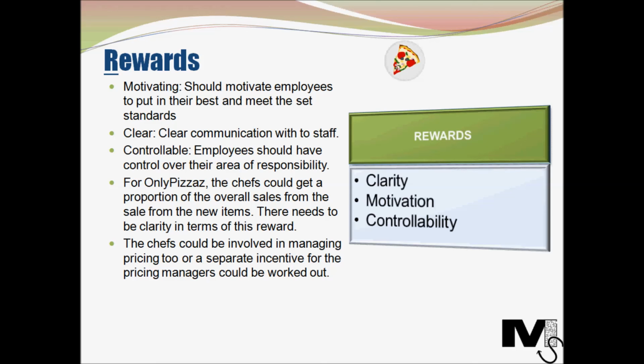They would therefore either need to think about the chefs being involved in the management of the pricing in some way, not entirely, or have a separate incentive for the pricing managers to manage pricing actively. Okay, so they might also get a share in the profits.